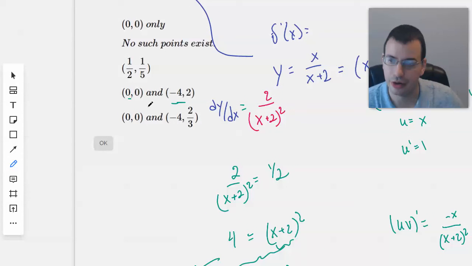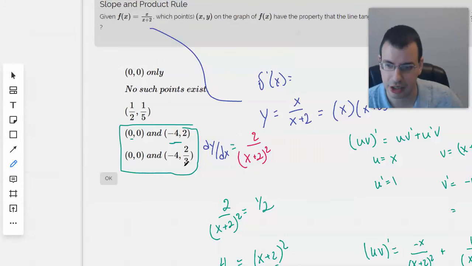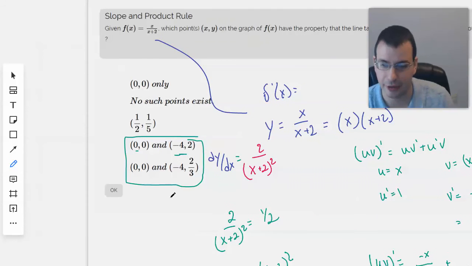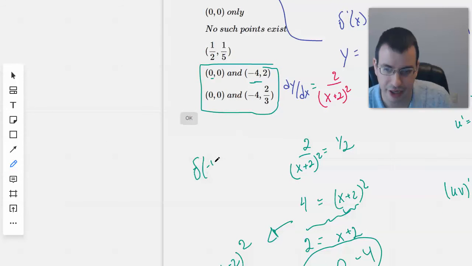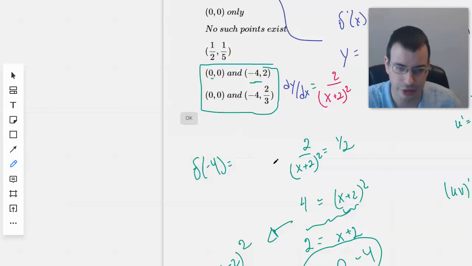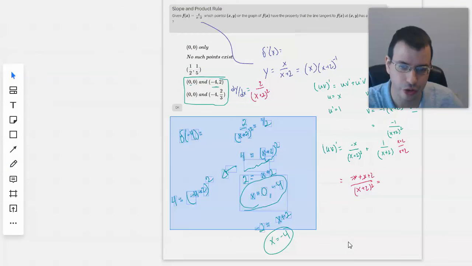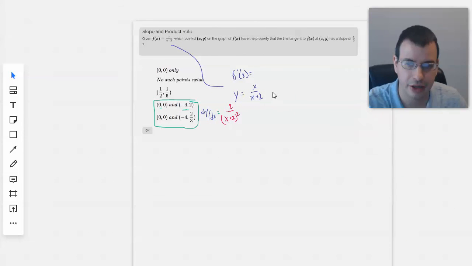And so it's going to be one of these two, I think. And now we need to find out what negative 4 actually equals when we plug it in there. So if we do f of negative 4, that equals, I should clean this up. So messy.